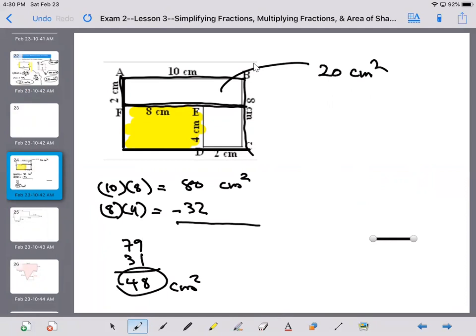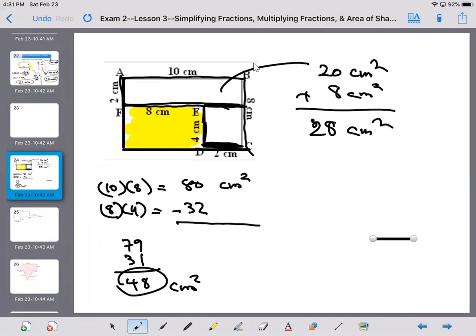And then this was 2, and this was 4. So that's going to give me 8 square centimeters. So that does give me 28 square centimeters.